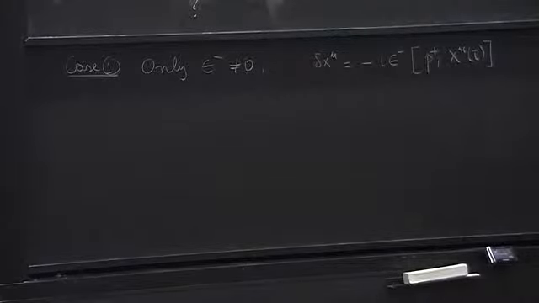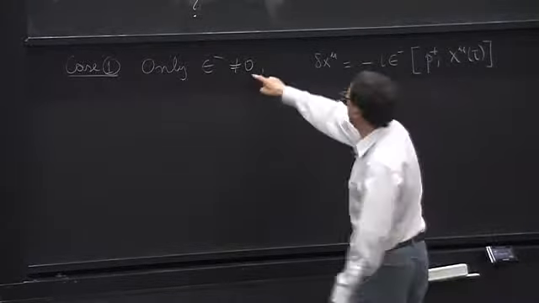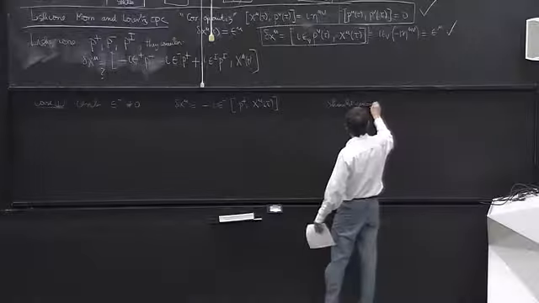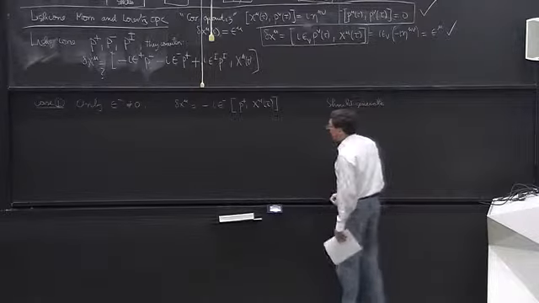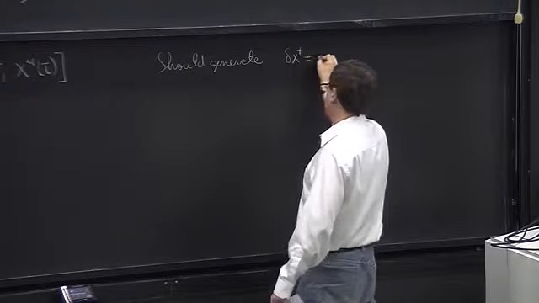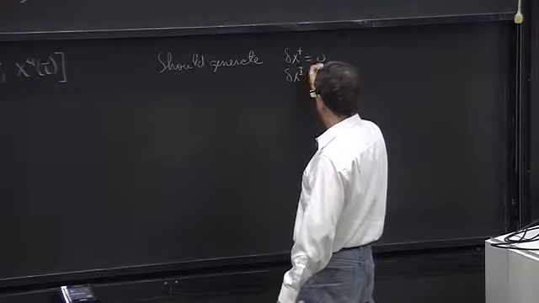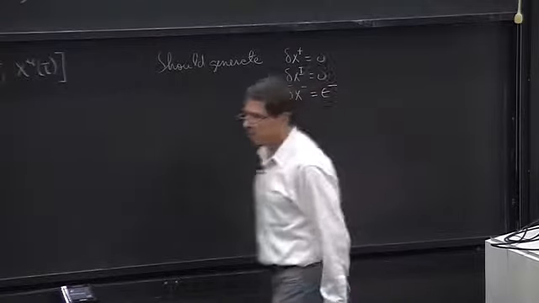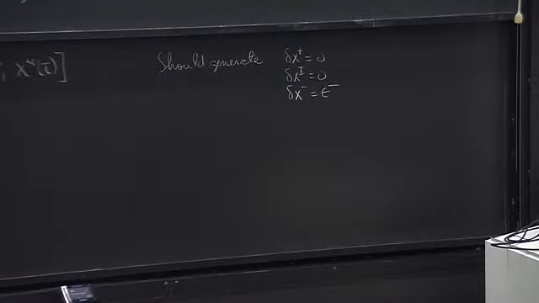Now, an epsilon minus different from 0 should generate, you expect, a translation. It should give delta x plus equals 0, delta xi equals 0, and delta x minus equals epsilon minus, because it's a translation in the minus direction. That's what it should do. So let's see if it does.